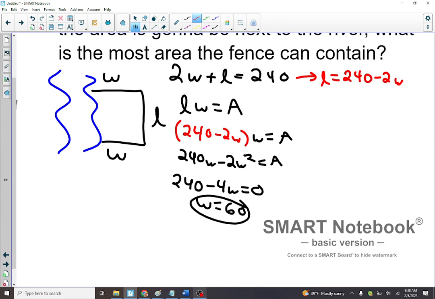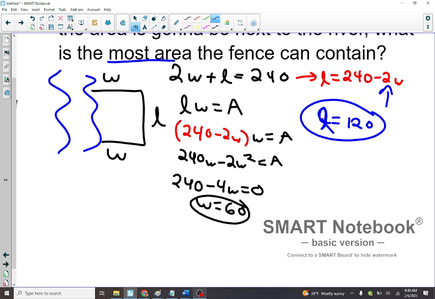If that's 60, I can plug it in here, which means my L is going to be 120. Multiply them. I wanted to figure out what the most area could be. So 60 times 120, 7200.